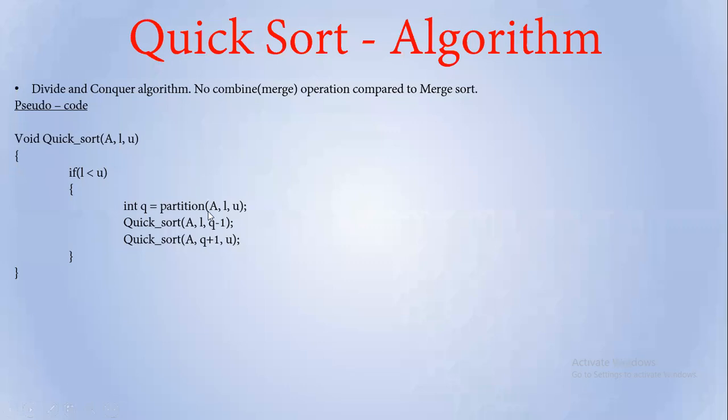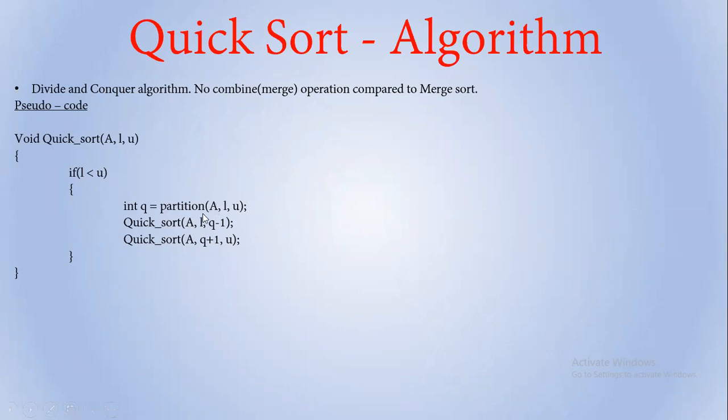But you should note that the array A which was input to this partition is not the same array you get here, because inside the partition function, as I told you, a rearrangement takes place. So the elements coming here for quicksort are not the same as the elements initially given to the partition function.